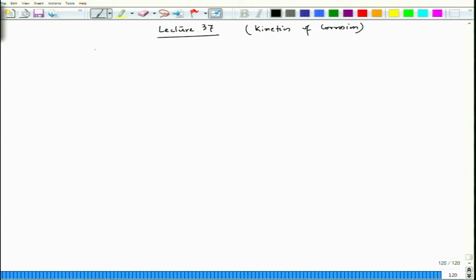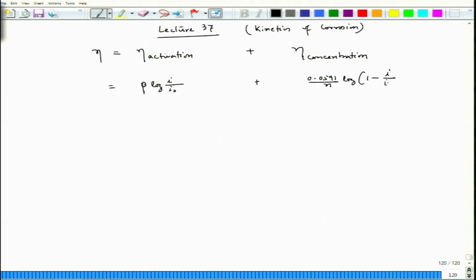As we have seen, polarization has two components, activation plus concentration. The activation part can be related with beta log I/I0, and the concentration part can be related as 0.591/n log(1 - I/I_max).